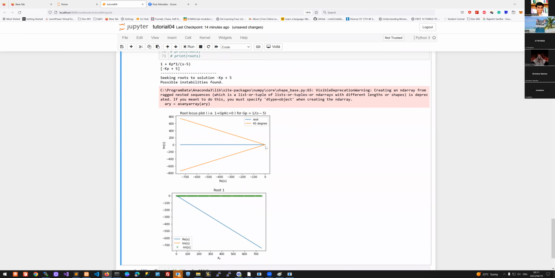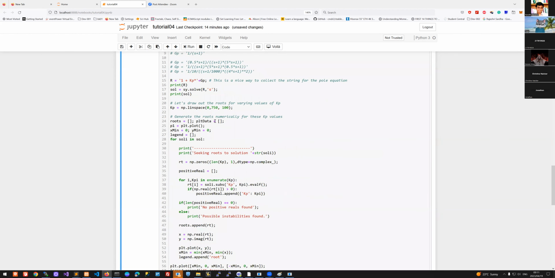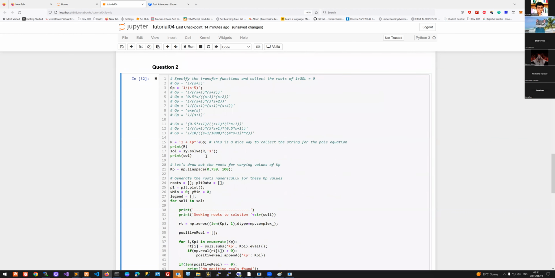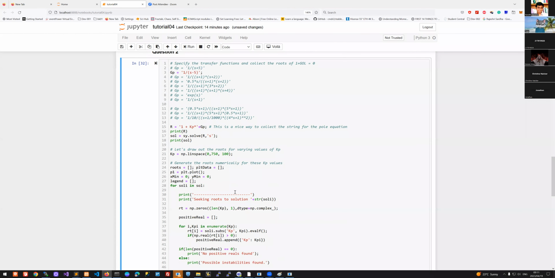If we run that, you can see here there's a bit where it's going past the 0 point. We saw it took a value of about 3. Let's in fact limit down how far we look in KP here. We found quite early on that it was around a value of 5.